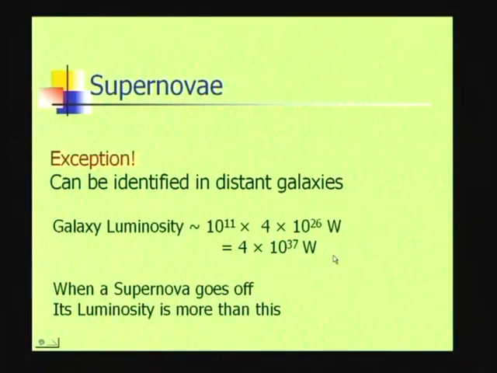Now, the luminosity of a supernova when it goes off is comparable and possibly more than this. So, it is brighter than the entire galaxy, and you can easily make out the presence of a supernova in a galaxy. This is a transient event that occurs in a star's life.